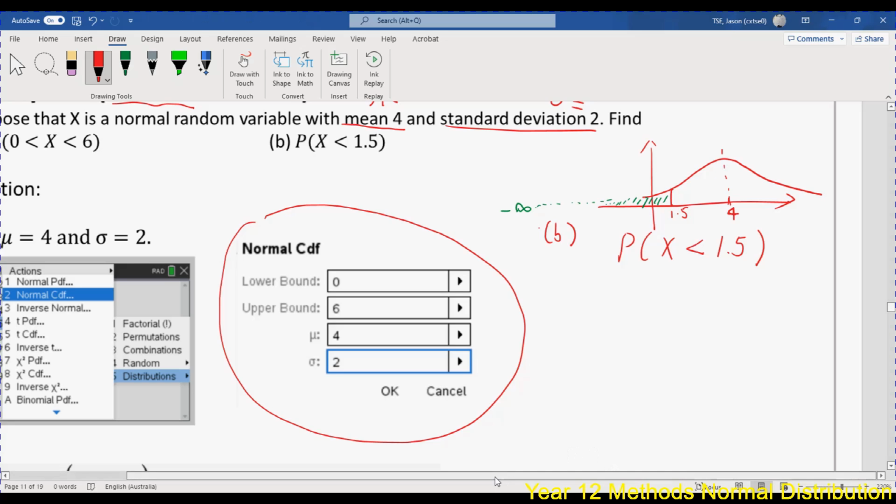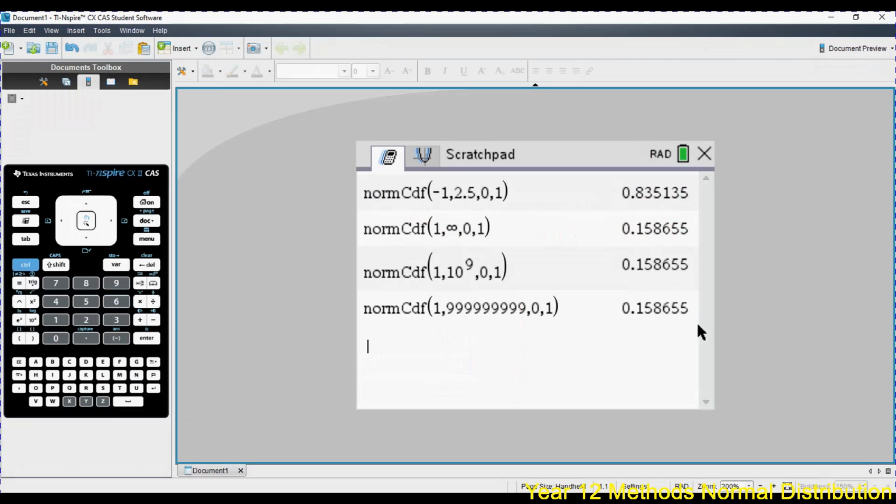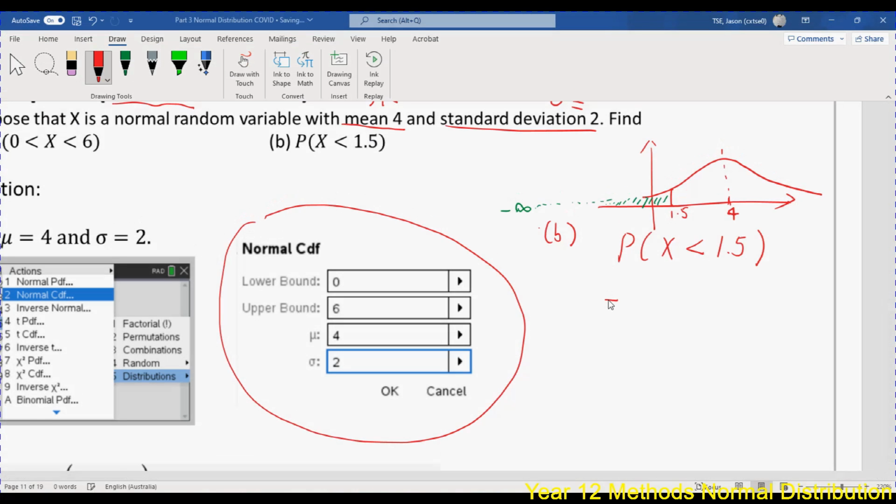Right? So let's go to the calculator. It is 0.106. Right? No problem.